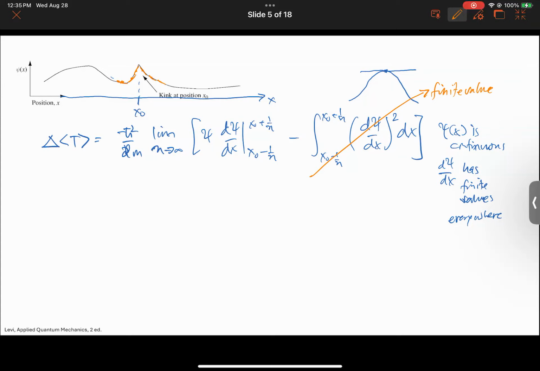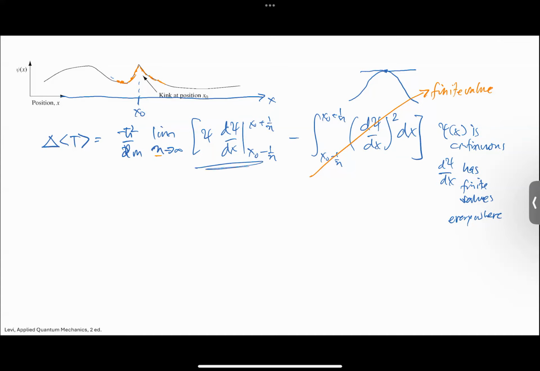And as you approach x naught, or as you take the limit as eta approaches infinity, so you're approaching x naught, then finite pa rin yung values niya. Okay, so that means that yung integral to has finite values. So we are left with this first term. Okay, yung first term na yan.